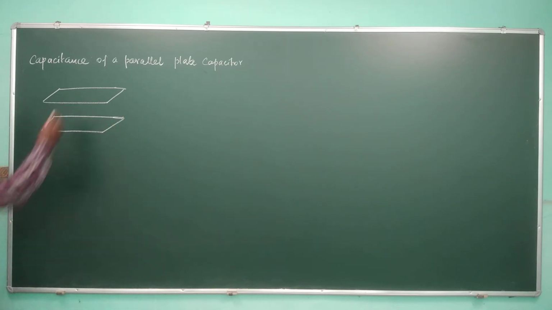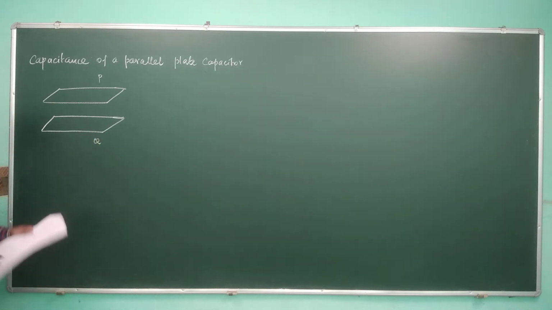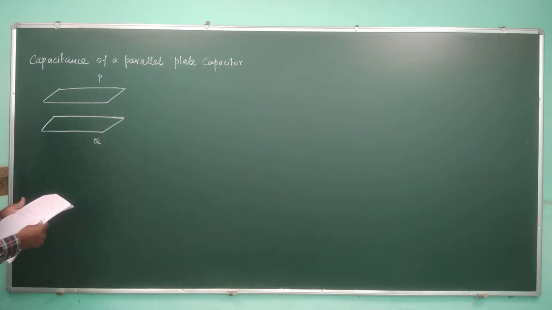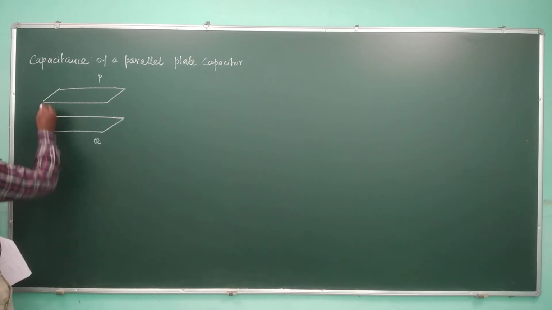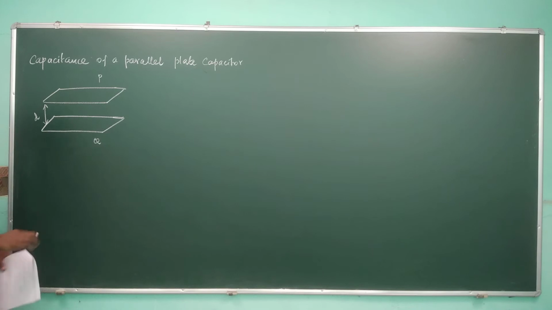The top plate is plate P and the bottom plate is plate Q. And the distance between these two plates, let us denote D.